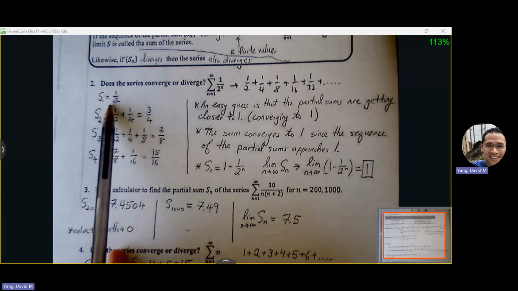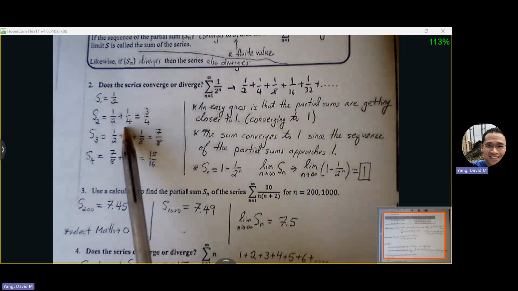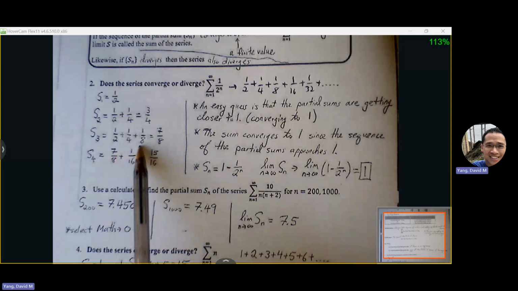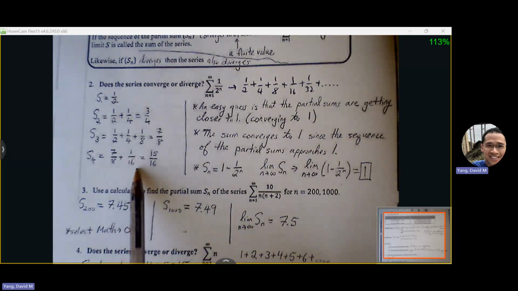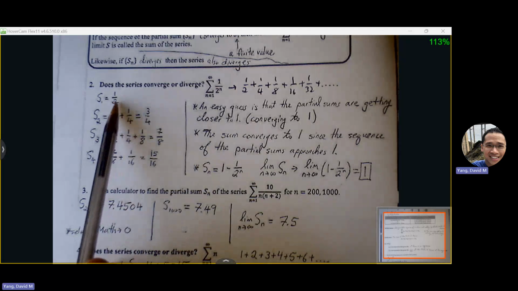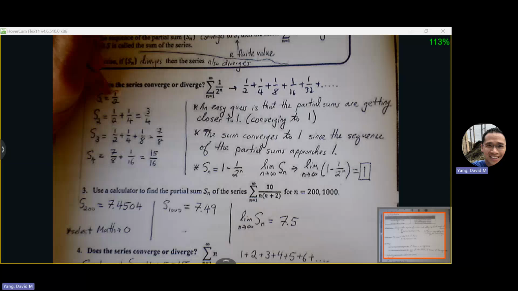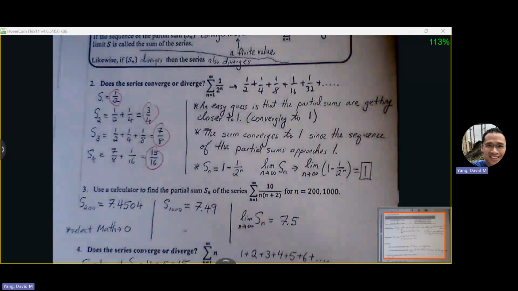So partial sum S of 1 is just 1/2. Partial sum S of 2 is just 1/2 plus 1/4. Partial sum S of 3 is just the first 3 terms added together. And partial sum S of 4 is just adding the first 4 terms together. If we look at these numbers, it can give us a clue as to whether the sum of all these numbers is potentially headed towards a real number.